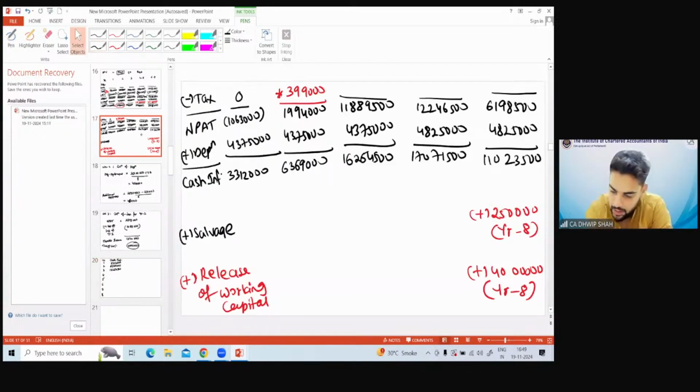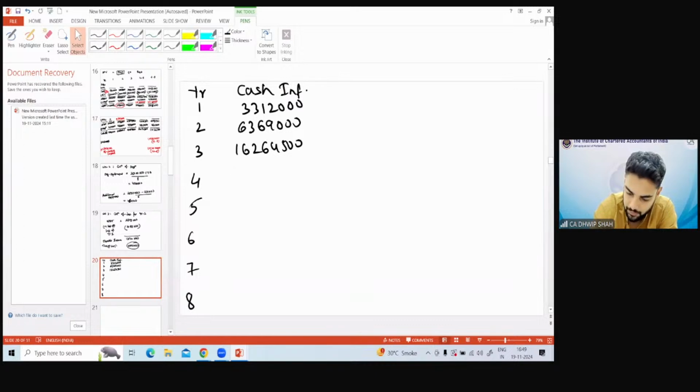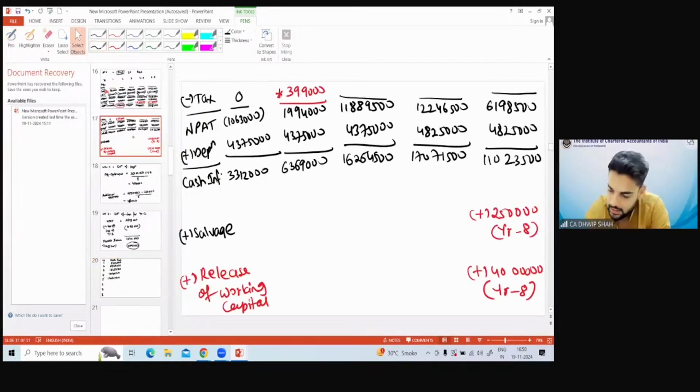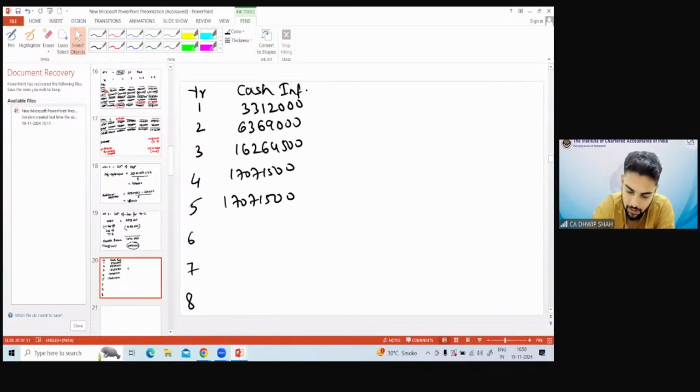So in year 4, it is 170,71,500. Again in year 5, it is same as year 4. In year 6, it is 110,23,500. In year 7, again same cash flow.